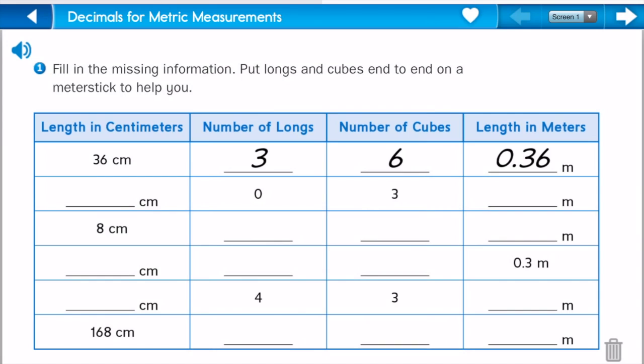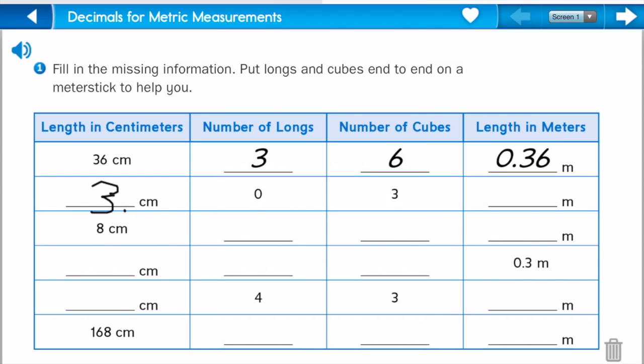We have 3 cubes, so that would be 3 centimeters. In the video before, where we used the cubes to find out how many logs and cubes went on each line, we found that there were 3 cubes, and that would equal 3 centimeters. Now to find out how many meters it is, we move our decimal back 2 places.